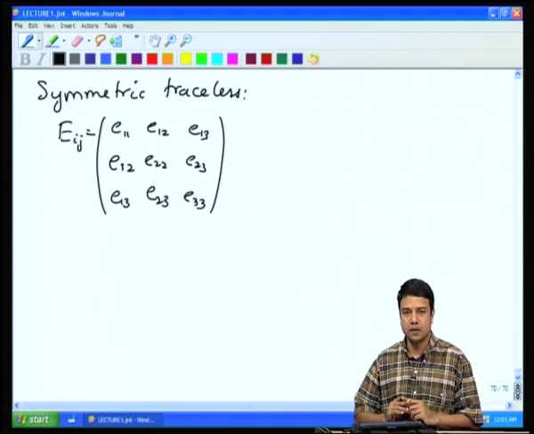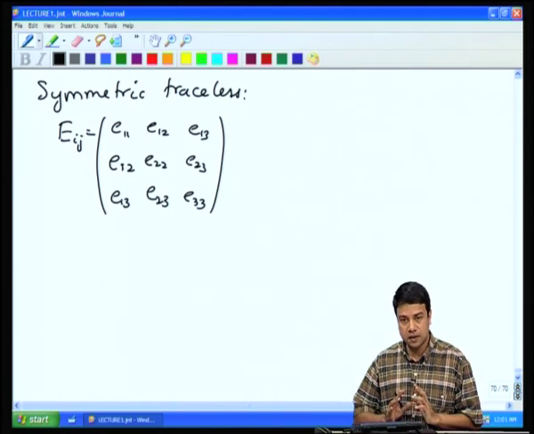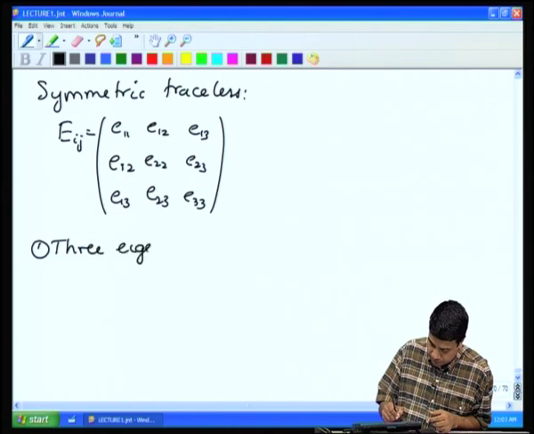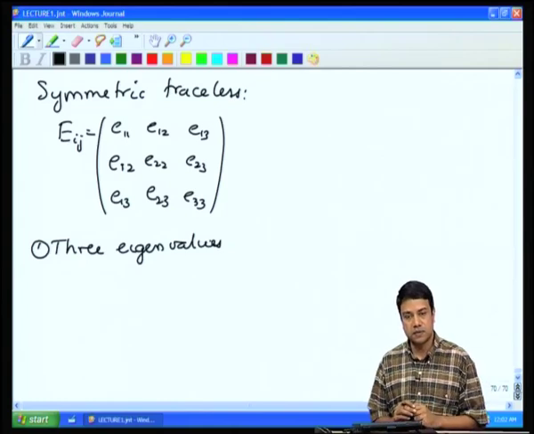So, this symmetric tensor has 3 eigenvalues. It is a third order tensor, so it has 3 eigenvalues which are real.